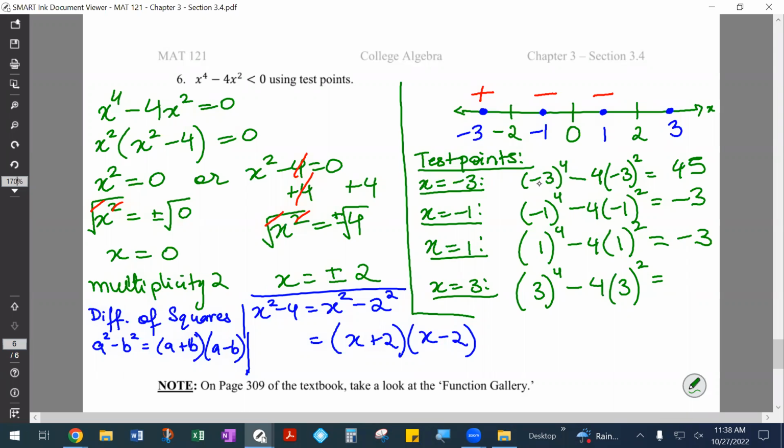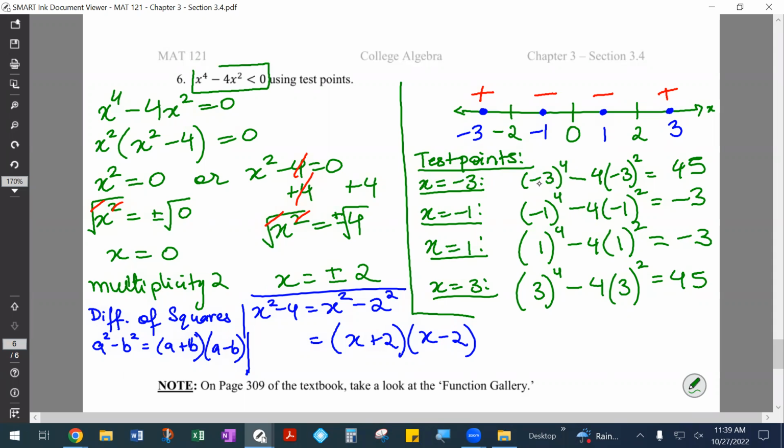What do we get? Hey, Della, very nice. Yeah, 45. So again, it's a positive number, which tells us in this interval our y value is also going to be positive.